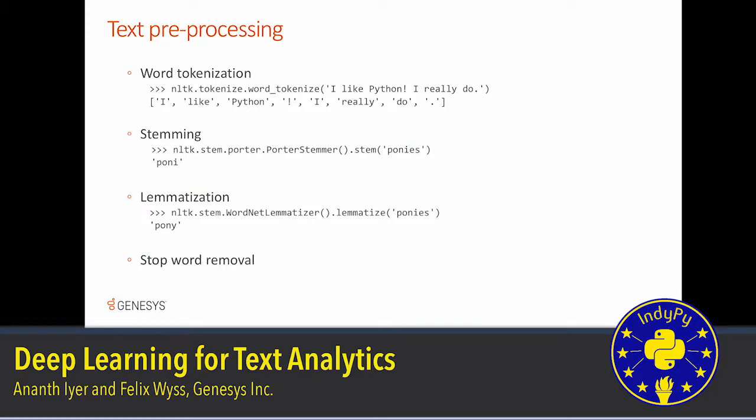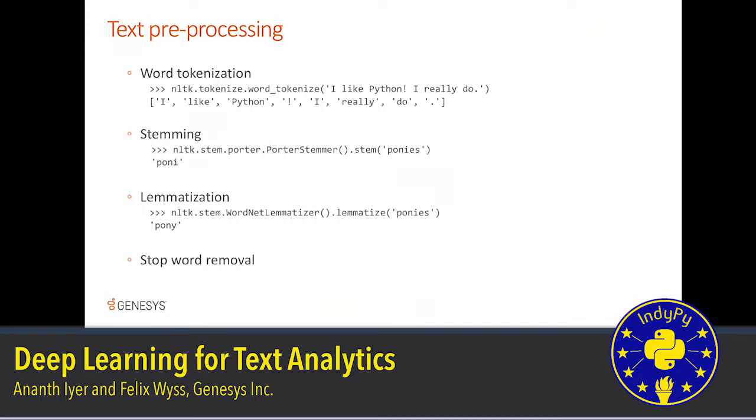And then stemming and lemmatization are similar in how they are used or what their effect is. So you have, let's say, plurals. In this example, ponies. And you want ponies and pony to mean the same in your processing. So if I'm doing a search for pony or ponies, it should give me the same results.